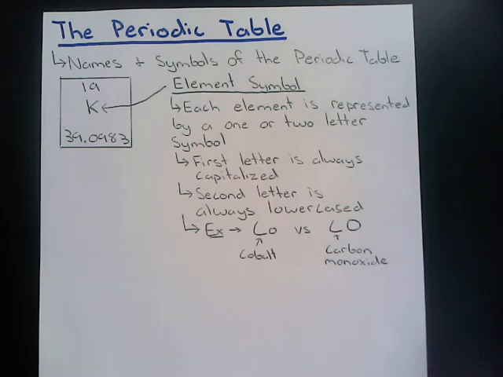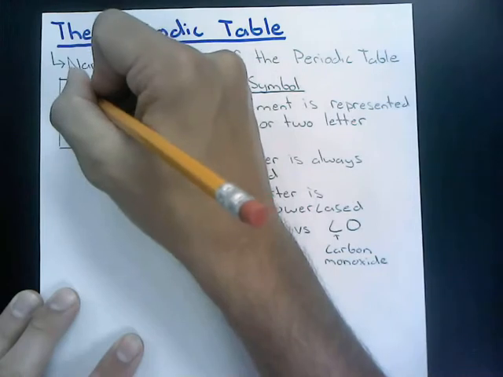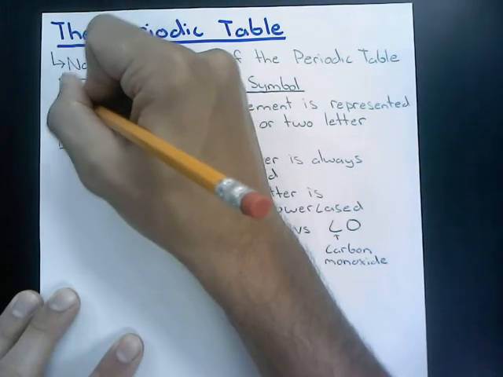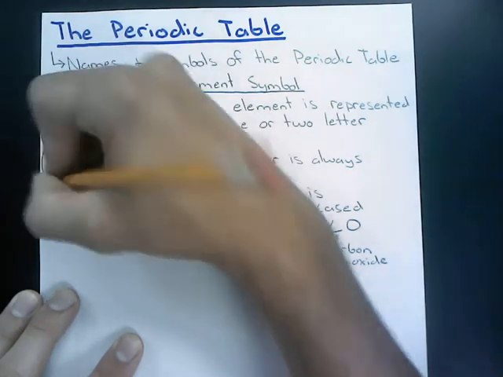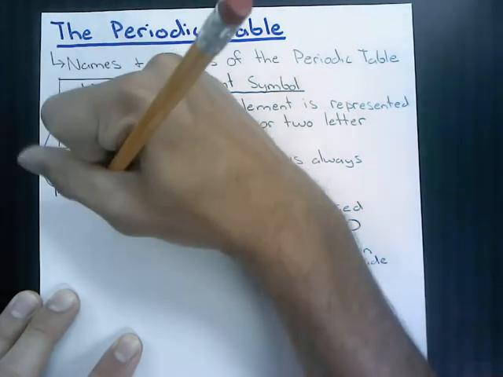Now, the next thing that is represented in this box for each element is this top number, and this top number is the atomic number. So again, I'm going to draw an arrow, and I'm going to start talking about the atomic number.